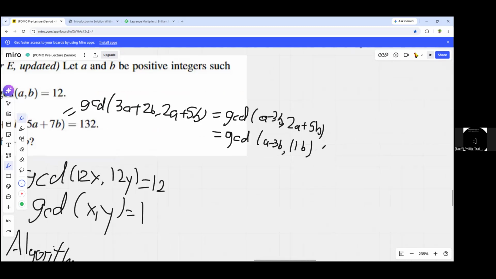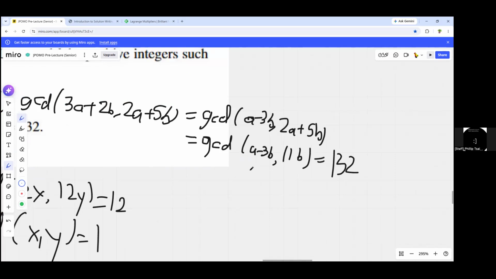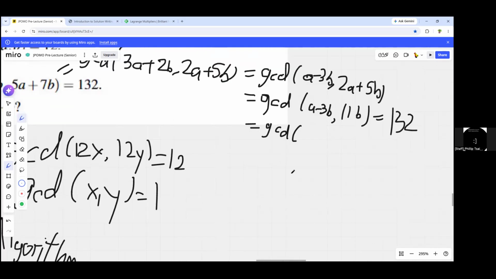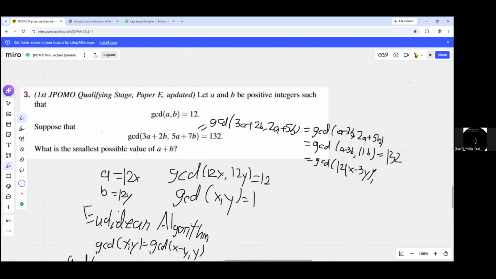Here we know that it's equal to 132, right? We can substitute 12x and 12y here to get the greatest common divisor of 12 times x minus 3y, and 12 times 11y, right?